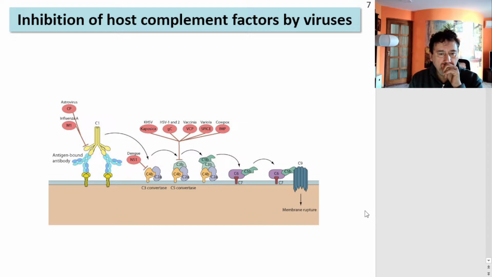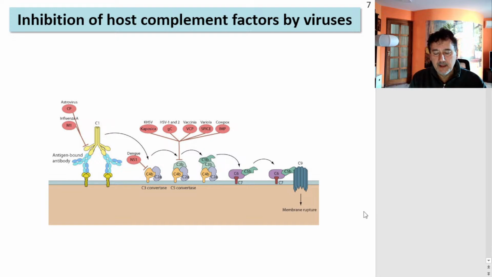Here I will show you the complement system in relation to how certain viruses try to block this system. As you can see, this is a cascade with multiple elements, and they have a wide range of functions.